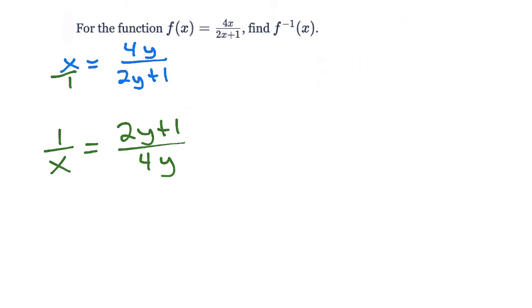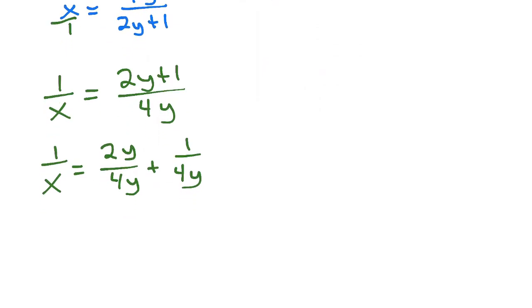If I were going to do this one, one thing I could think about is 1 over x is equal to 2y over 4y plus 1 over 4y, because I can split that up into two different fractions. Once I've done that, I get to reduce the y's over here and make this 2 over 4.